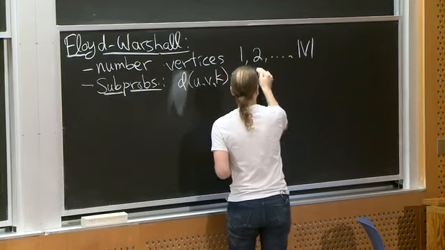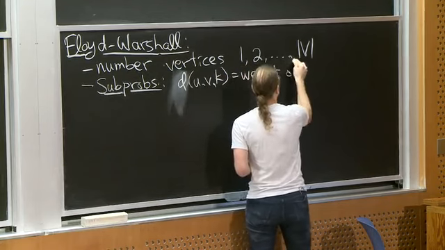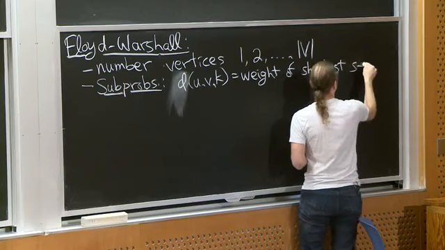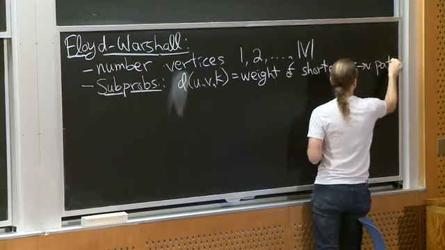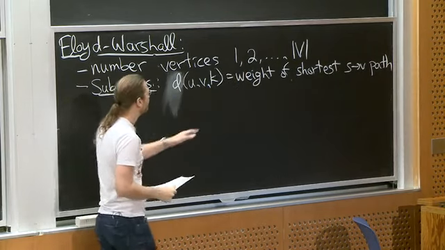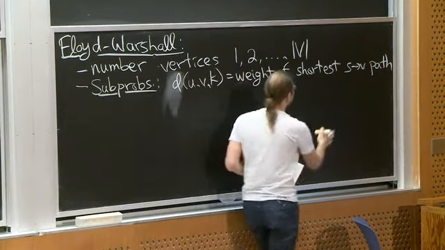So I want the weight of the shortest S to V path. Okay, so far just the same as the problem we actually want to solve. This is delta of uv.